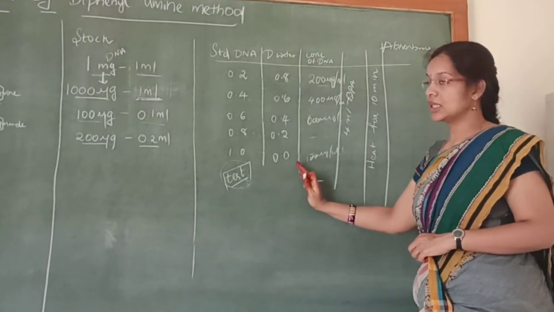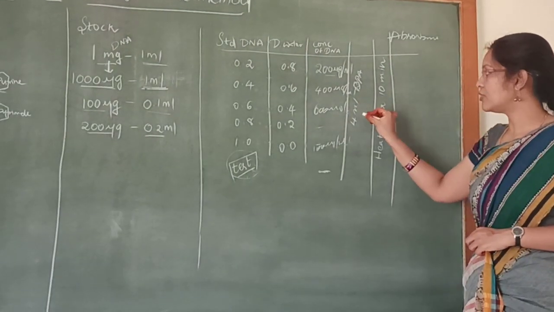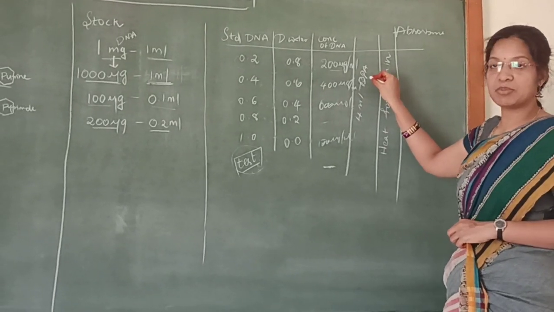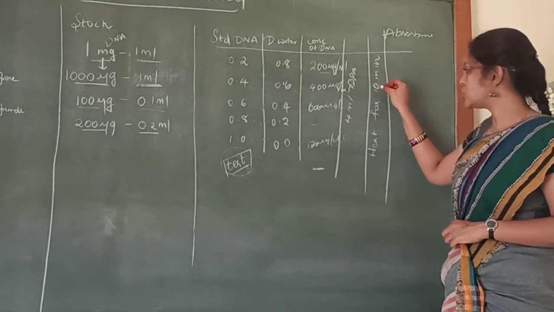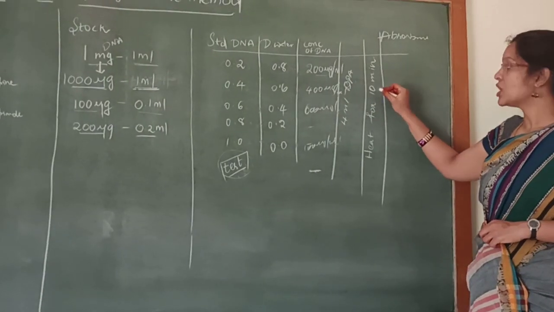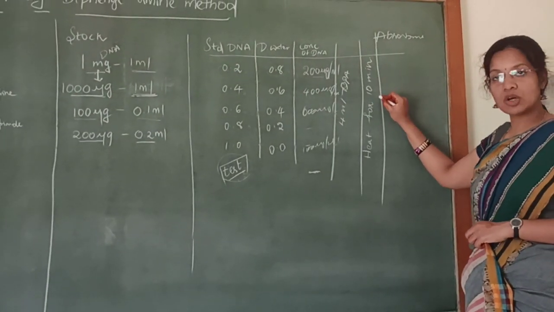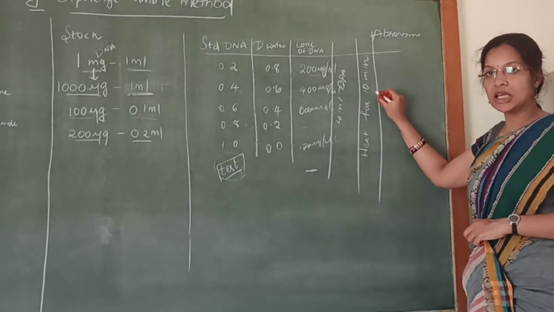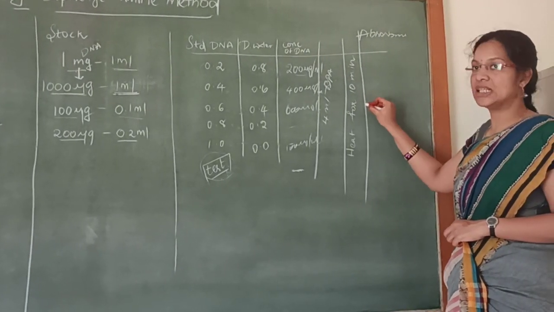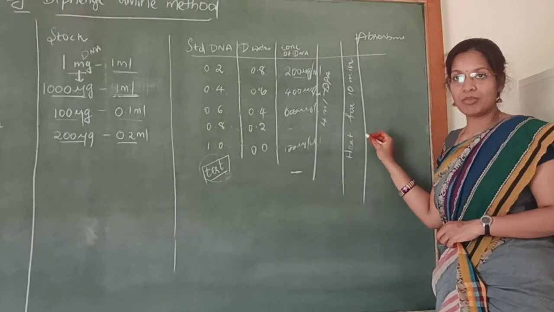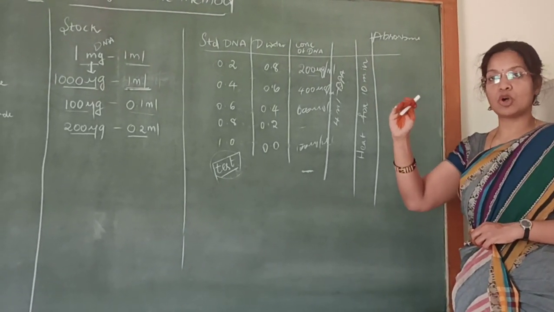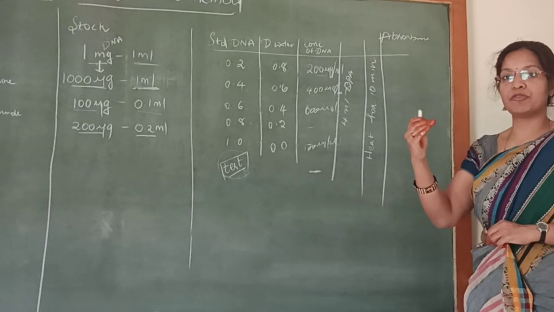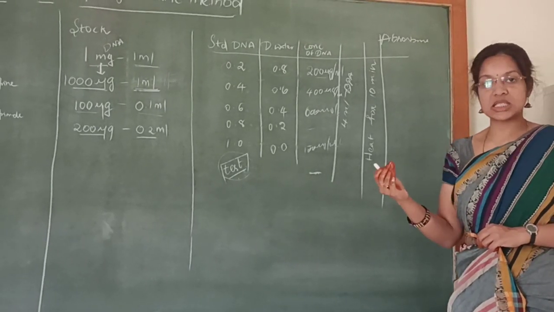Then after taking these test tubes, you need to add 4 ml of diphenylamine reagent in each of the test tubes and allow each of the test tubes about 10 minutes of incubation, and during incubation you have to heat the test tubes. Remember, while heating the test tubes, you need to cover the top of the test tubes using a foil or a glass marble.